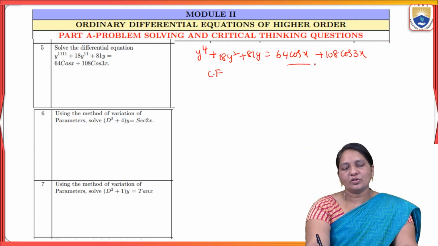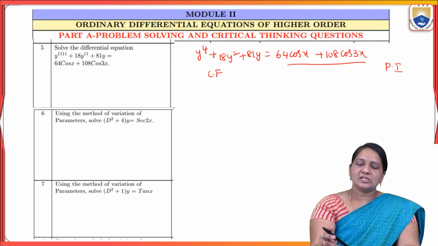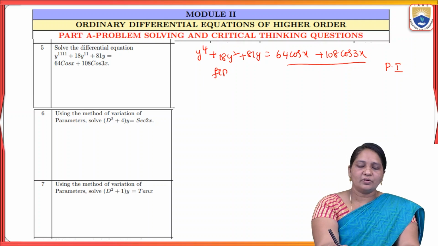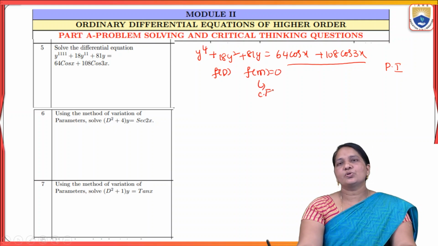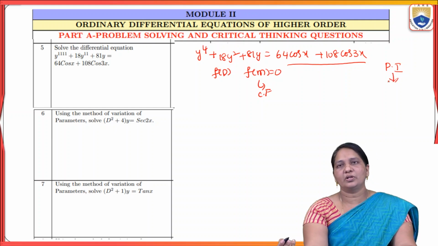So here we are having the q of x value also. So that means we have to calculate the particular integral also. So in the same way what I explained before, we have to take f of d value and after then write the auxiliary equation to find out the complementary function. So after finding the complementary function, we are going to calculate about the particular integral.